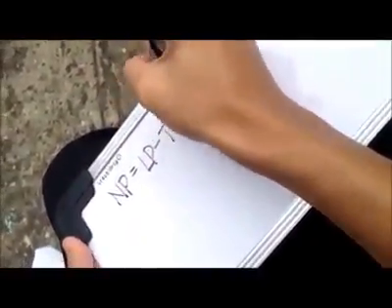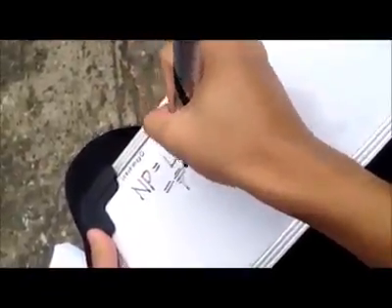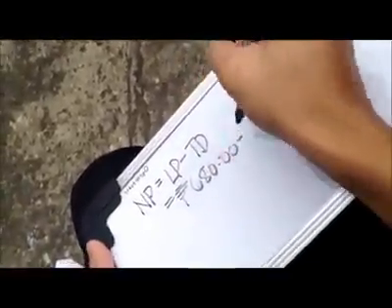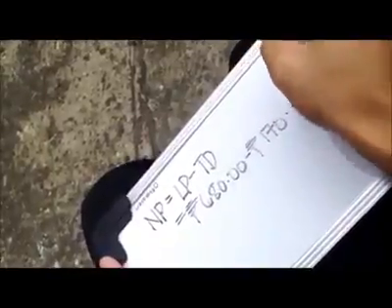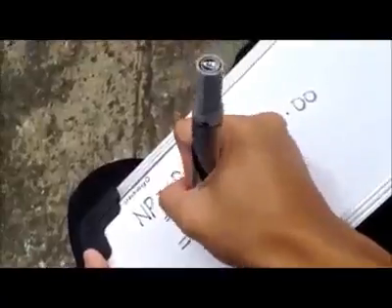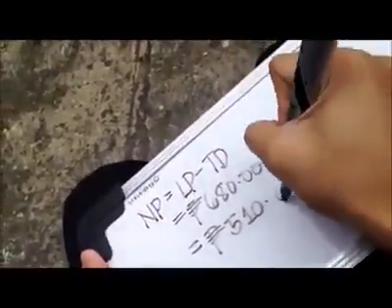The net price is equivalent to the difference of the list price and the trade discount. List price minus trade discount is equivalent to the net price. List price is 680 minus 170 pesos, which is our trade discount, and we'll get a difference of 510 pesos. Hence, 510 pesos is our net price.